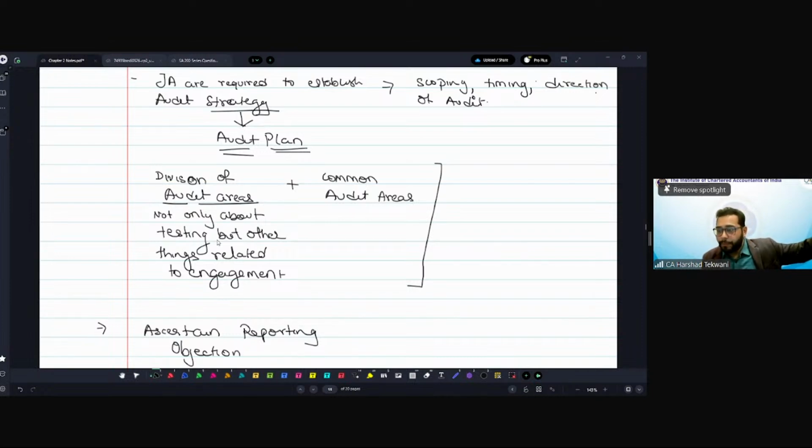Yes or no? If I have an issue on the completeness assertion of the sales recorded in the books of account, do you think it will impact the trade receivables? Yes.